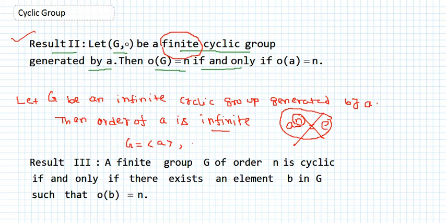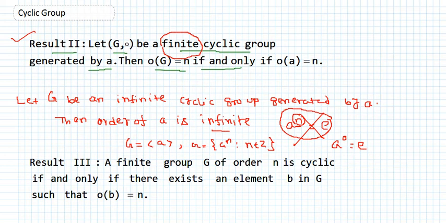G will be equal to a to the power n, where n belongs to the set of integers, and none of a to the power n will be equal to the identity element except a to the power 0. We assume that a to the power 0 is the identity element. So that's result 2.